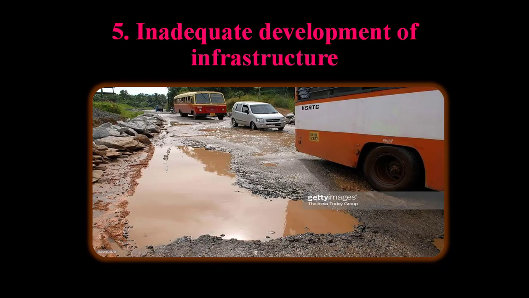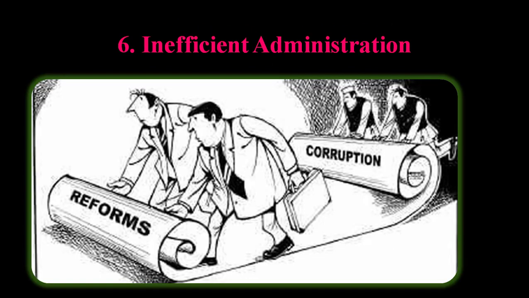Inadequate development of infrastructure. The infrastructure facilities in terms of transport, communications, power, irrigation, educational and health facilities and financial institutions have not expanded in tune with the requirement for faster growth and are not on par with those available in other countries. And the sixth one, inefficient administration.